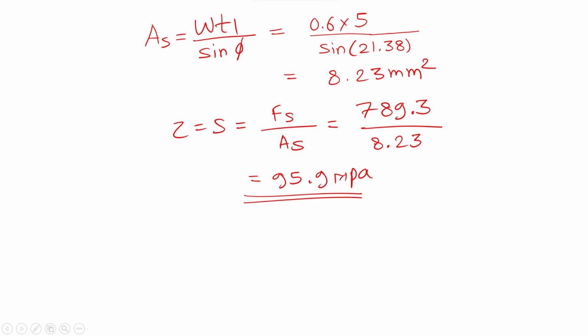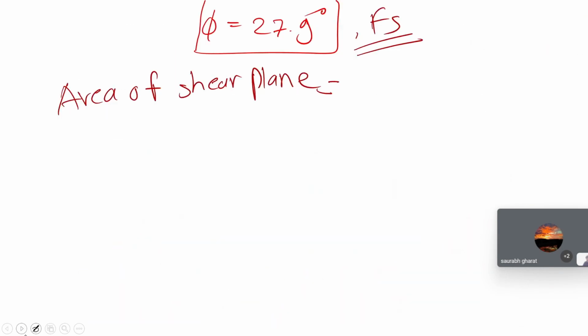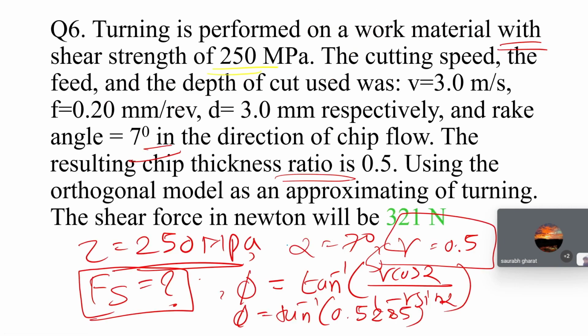So we need to go over it and solve it. Right now we have to find the area of the shear plane. We know the area here. So As is equal to, you know, W times t, where W is the width. The width is not given directly, so you have d and feed.